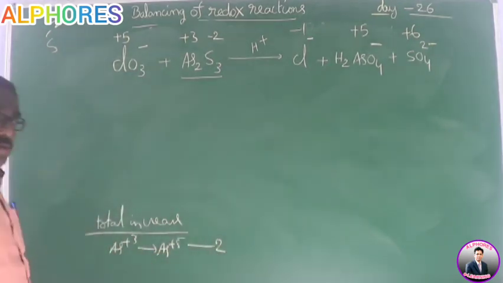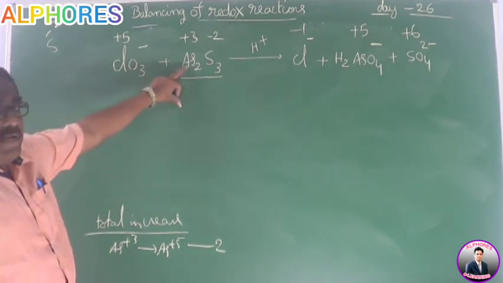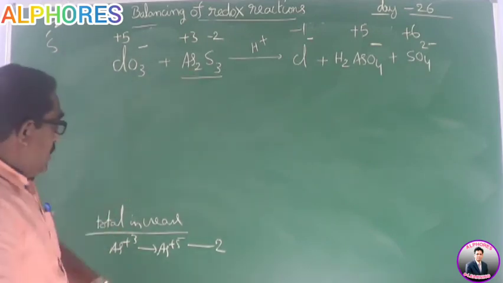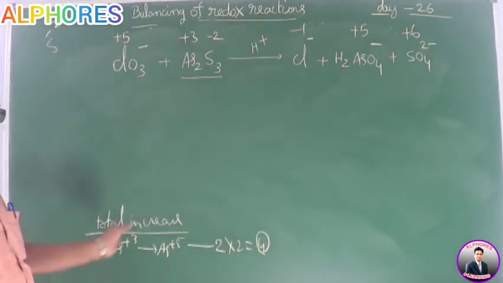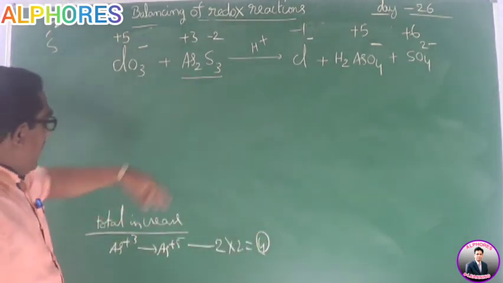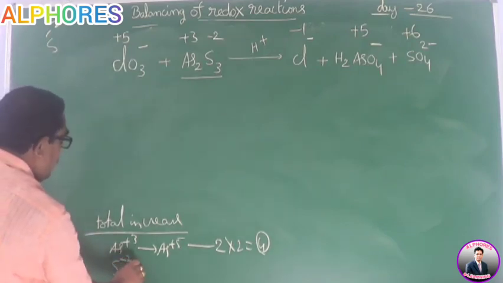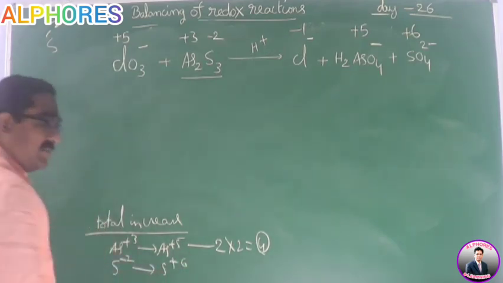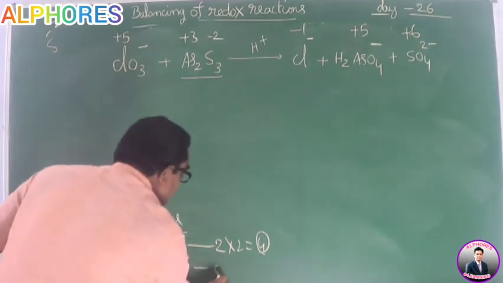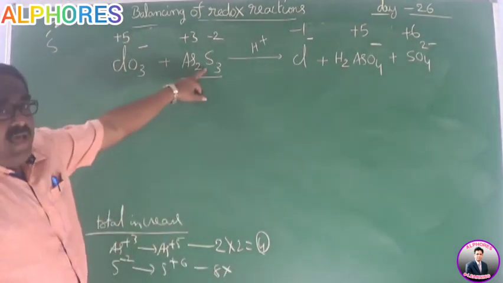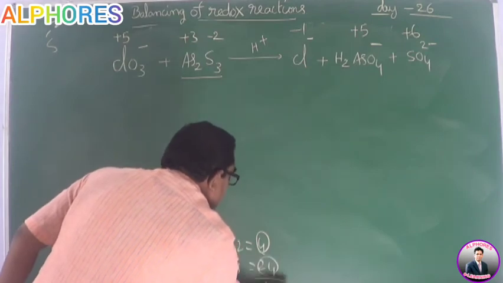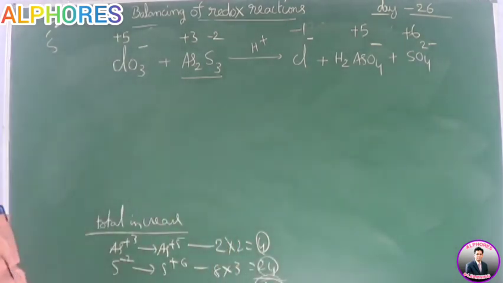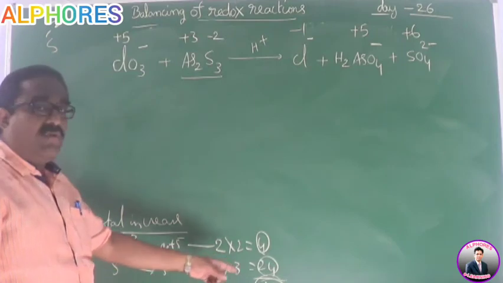What is the change? 2. But how many such arsenic atoms are there? 2. So you go for 2 into 2, 4. Keep it aside. Now come to sulfur. Sulfur is changing from -2 to +6. The change is 8. And how many such sulfurs are there? 3. So it's multiplied by 3, that is 24. So the total increase in oxidation state is 28.